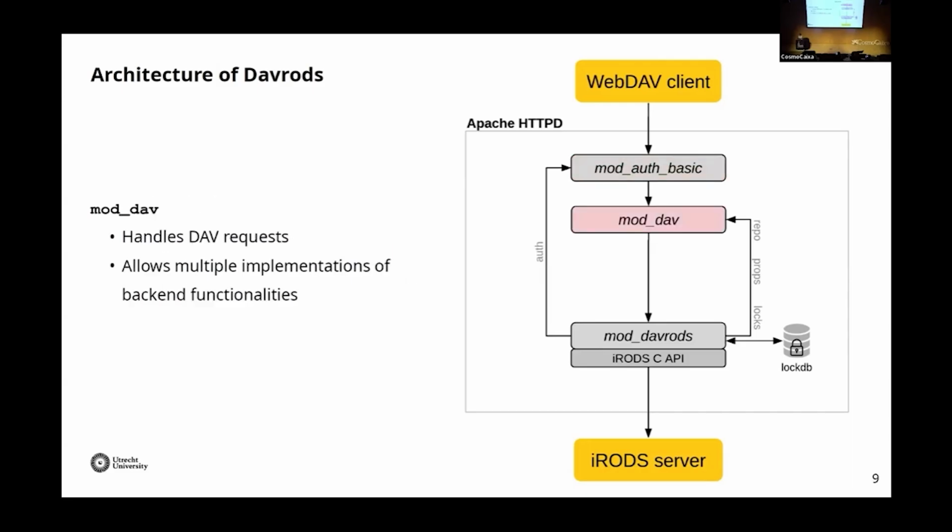And let's move on to ModDAV. ModDAV handles the DAV requests, and it generates the message body for DAV requests and responses. It also allows multiple implementations of backend functionalities, which we call DAV providers.